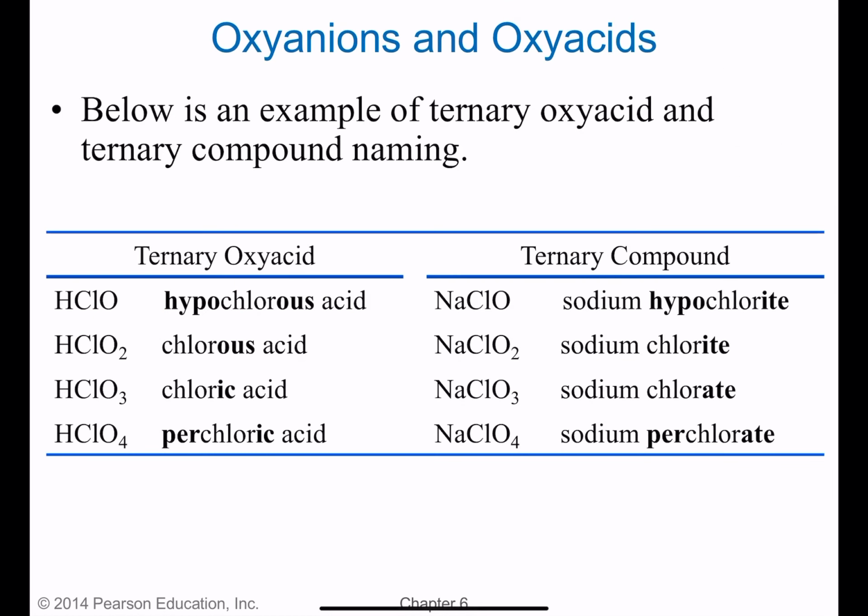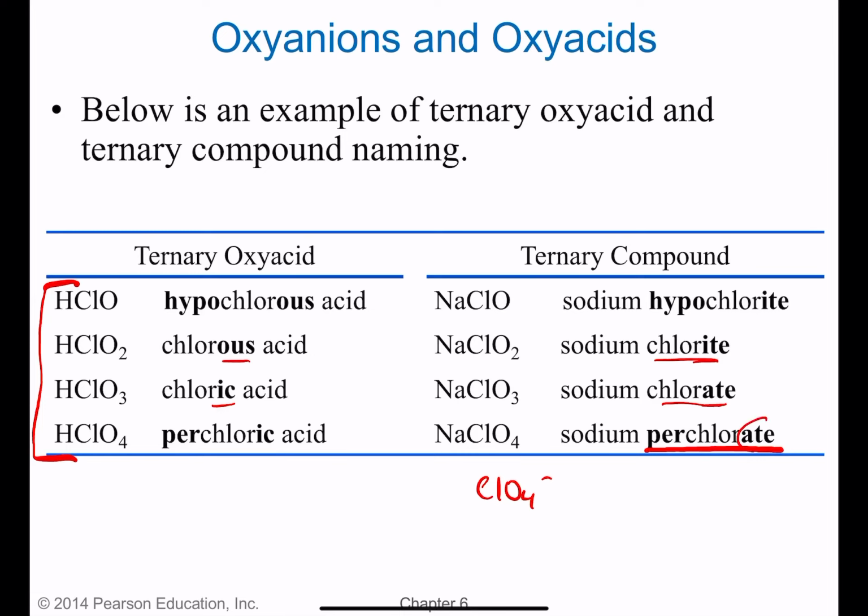So this is just a bunch of examples. This trend where it's the ATE and the ITE goes a little bit further. With chlorine, this is the most common one, we've got chloric acid and chlorous acid that came from chlorate and chlorite. We also have this perchlorate polyatomic ion, so ClO4 minus, that was on the slide where I said you have to memorize that. If that becomes an acid, it's the same thing.